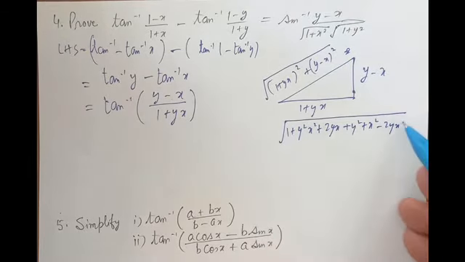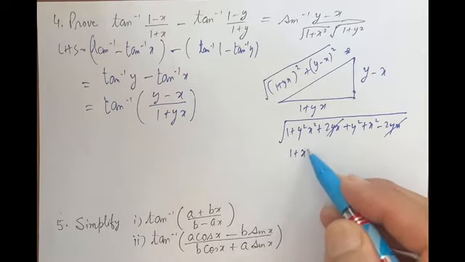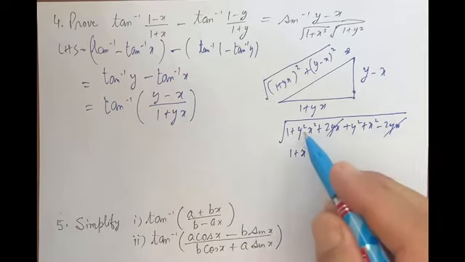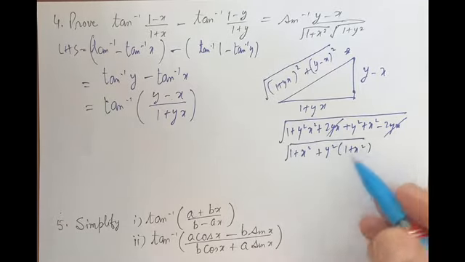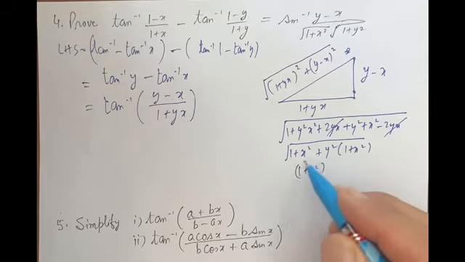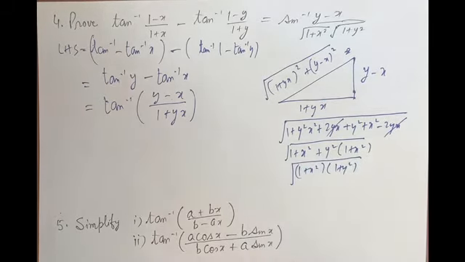This is under the root. This will cancel out. We can factorize this, 1 plus x square plus, from this and this take y square common, 1 plus x square, and taking 1 plus x square common, we have into 1 plus y square. So this is the third side.